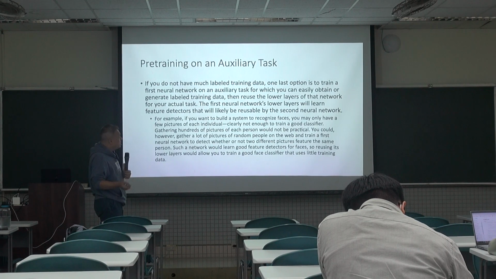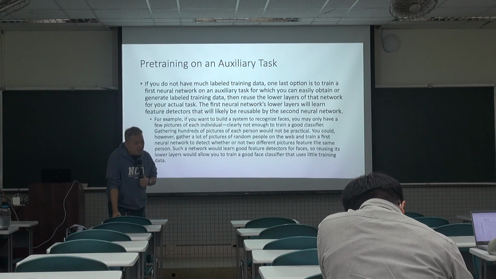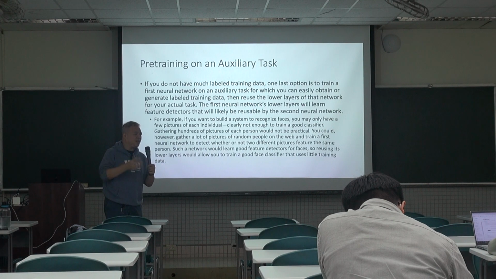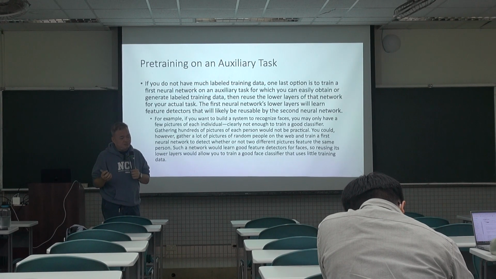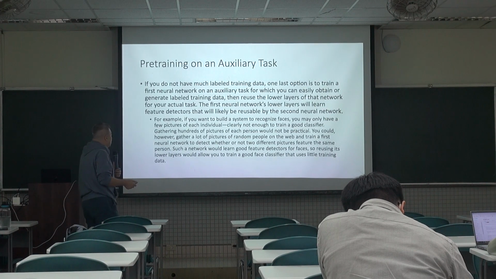So you may wonder, is it very easy to find such a task? First, it has to be somehow related to task A. Second, you have to have a lot of data for this task B that is easily obtained. Let me give you an example.